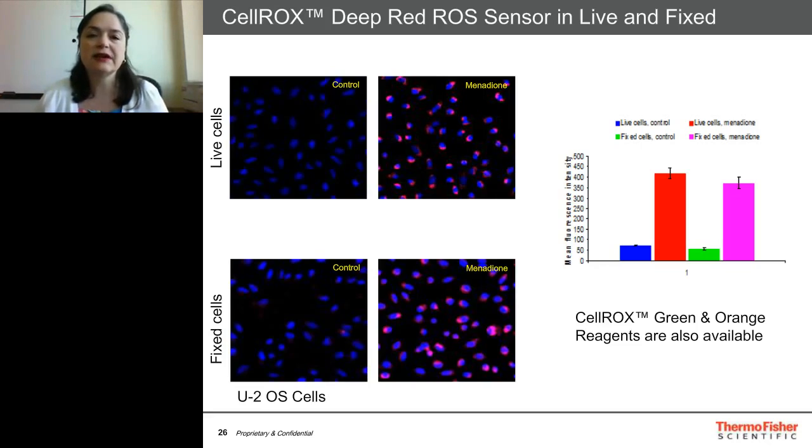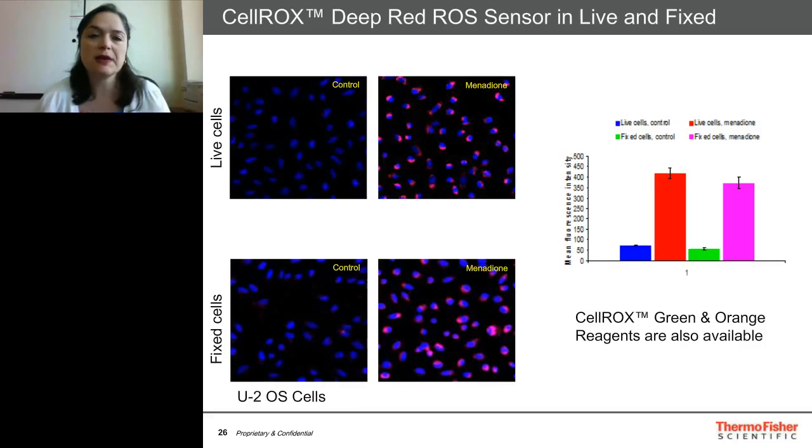On the top panel are the nuclei in control, those are blue nuclei. And then when the cells are treated with something that evokes hypoxia, they undergo that oxidative stress, and they generate a lot of reactive oxygen species. So then you see that little pinkish red signal show up.